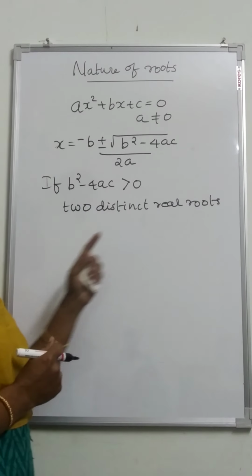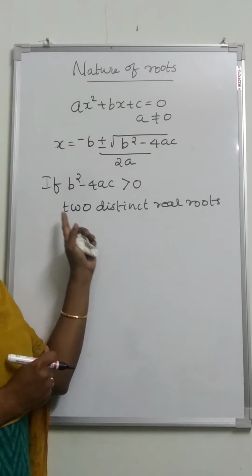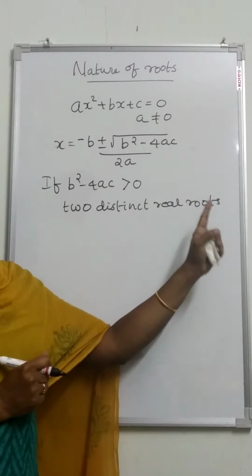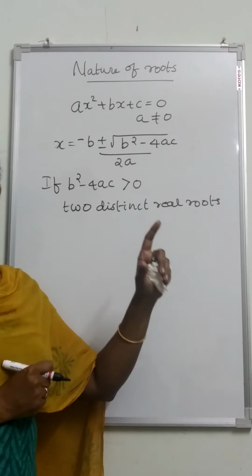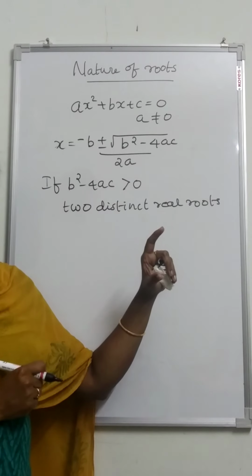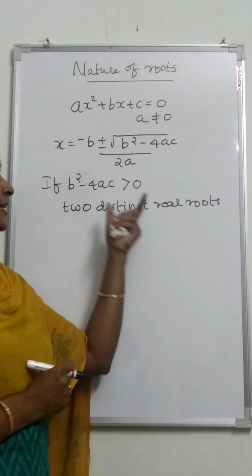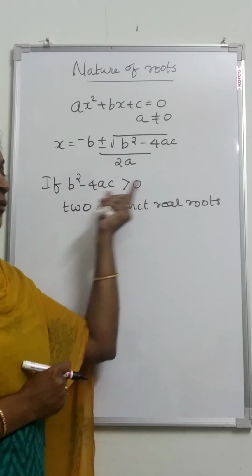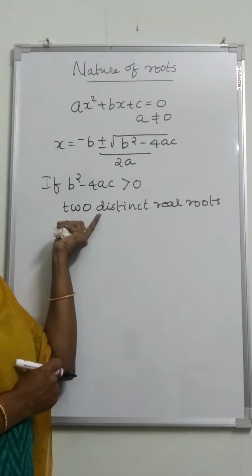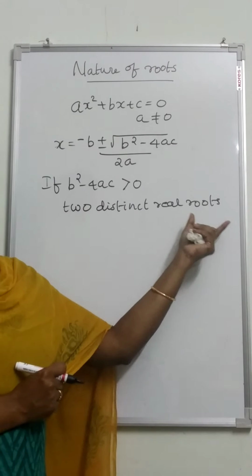Roots means the value of x. Distinct real roots means different roots, different values we get for x. That is, if b square minus 4ac is greater than 0, then it has two distinct real roots.